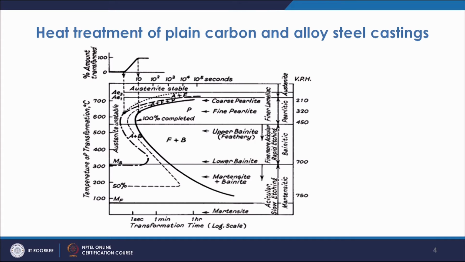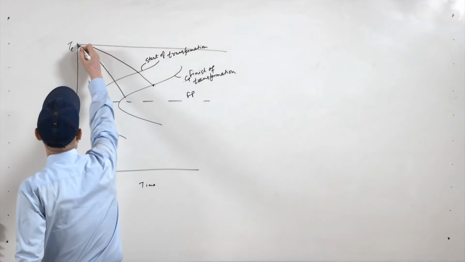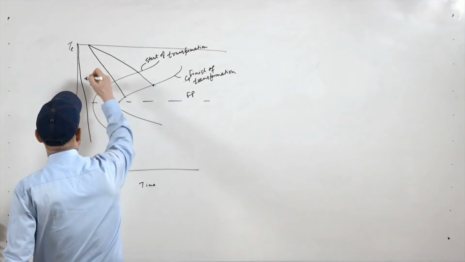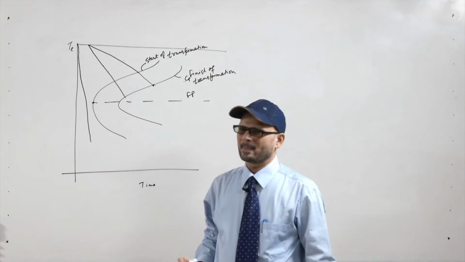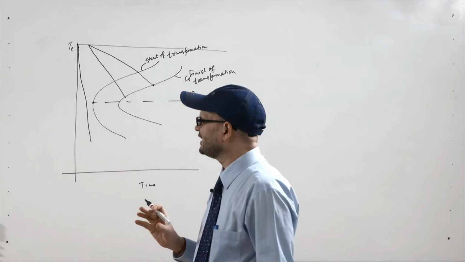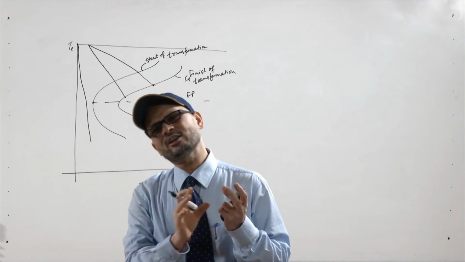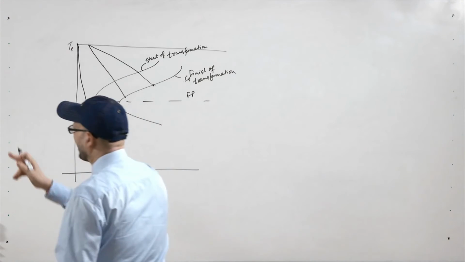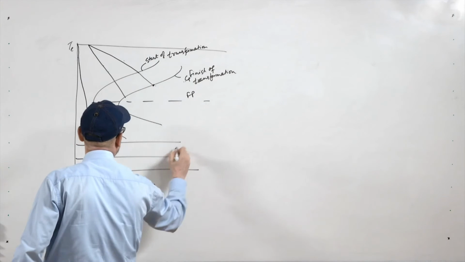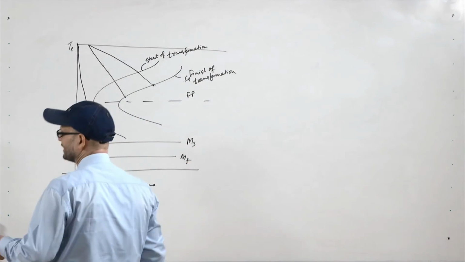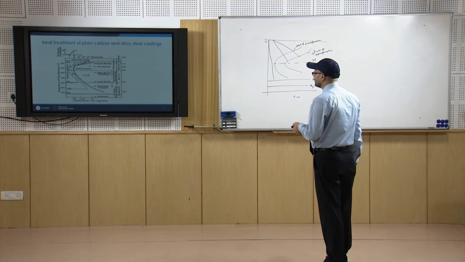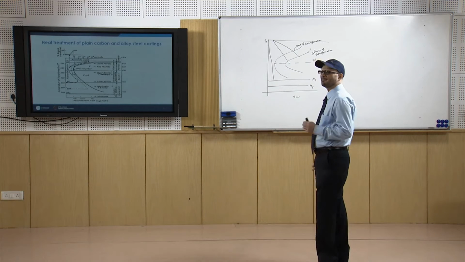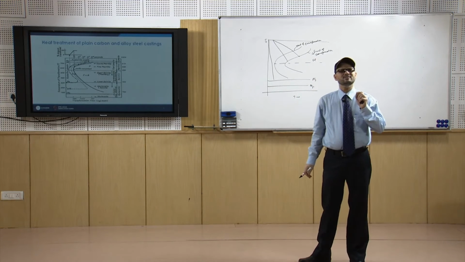Now, what happens when we go further? For getting this, you have to pass the nose of the C curve. Once you have a cooling rate which passes this line, that is known as the critical cooling rate. Basically you are avoiding the transformation of austenite to pearlite, and you have two lines shown, Ms and Mf, the martensite start and martensite finish lines.